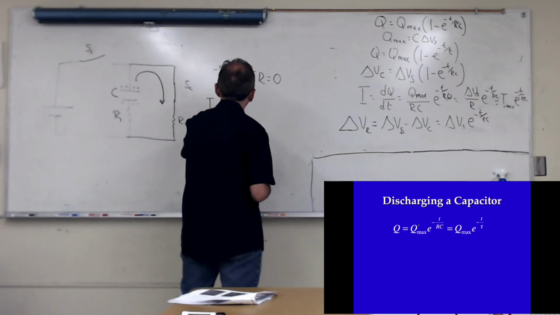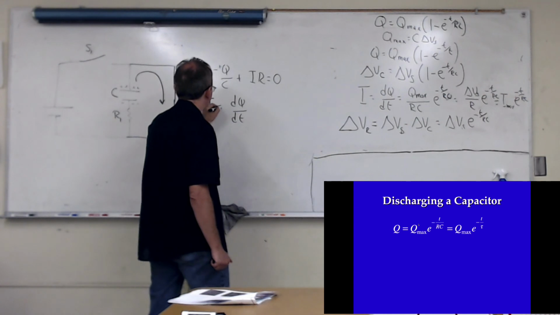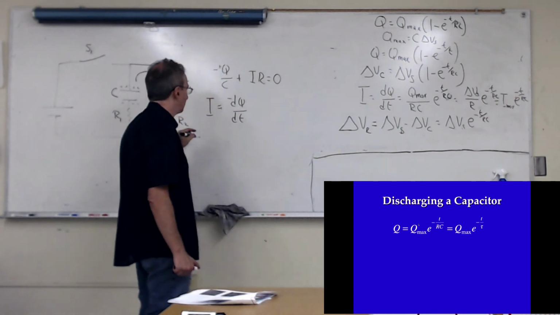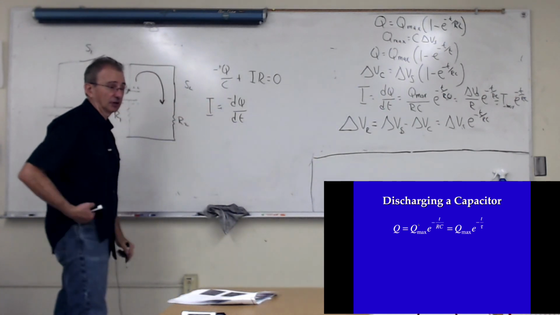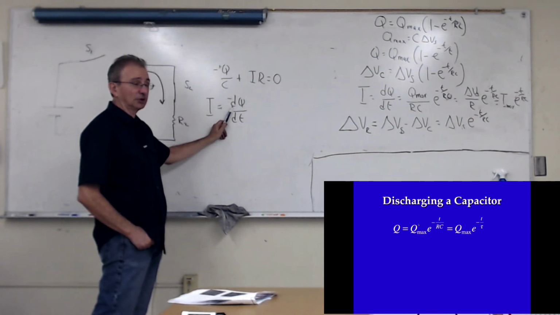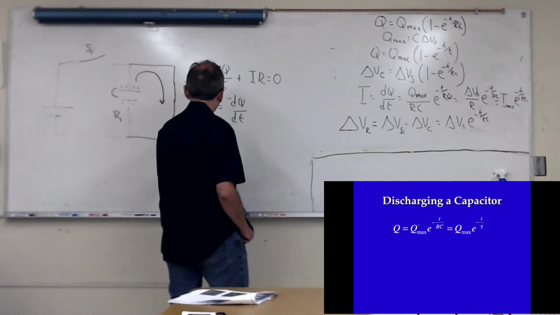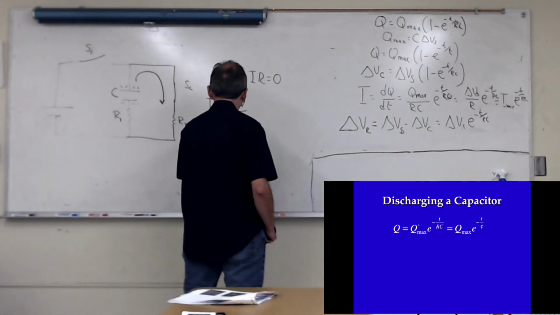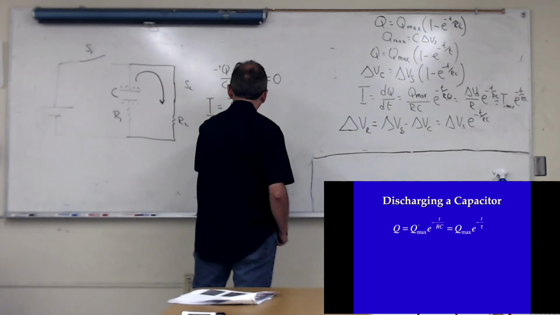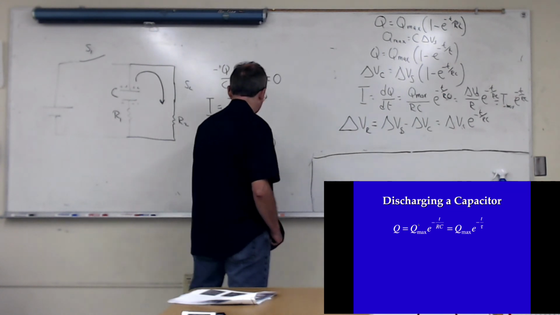I is dQ over dt. Actually, I is minus dQ over dt because the capacitor is discharging. The current that's being produced is because dQ/dt is less than 0. And so I have minus Q over C minus R times dQ over dt equals 0.